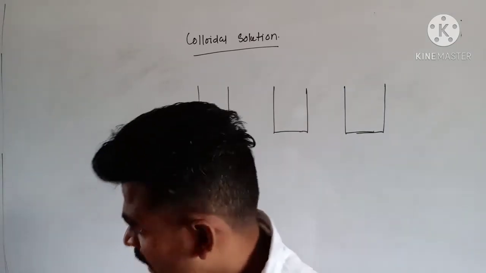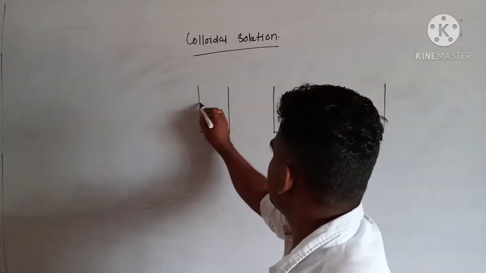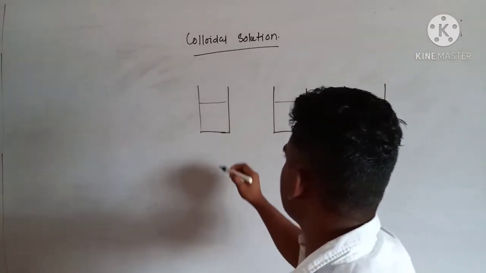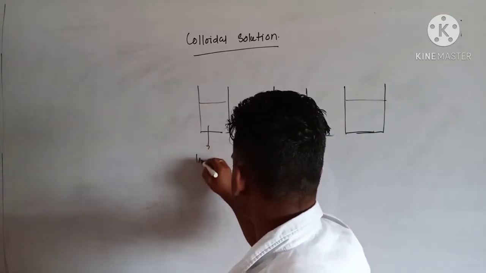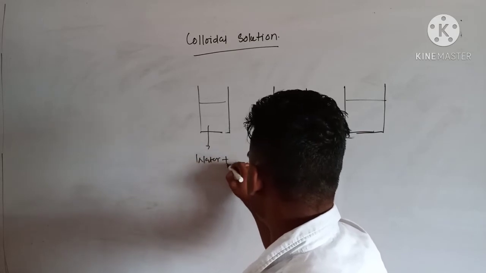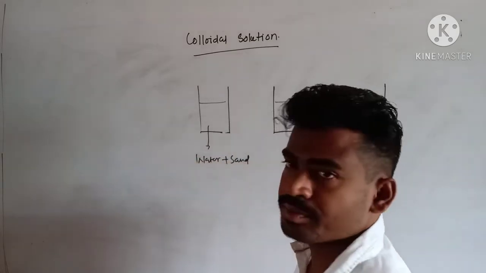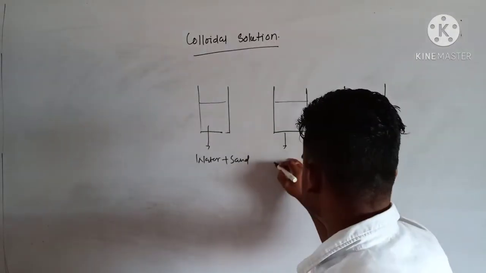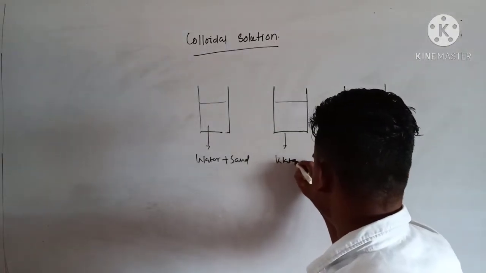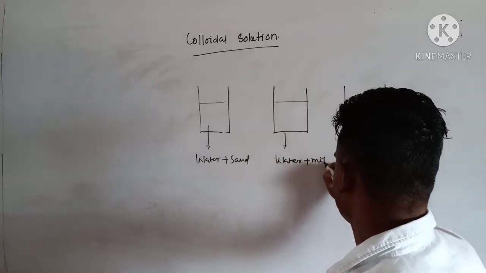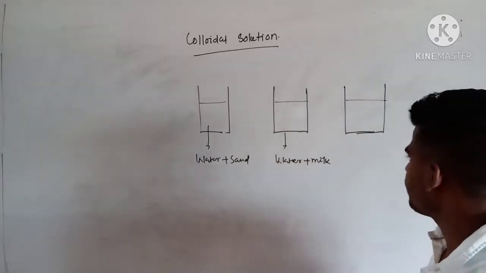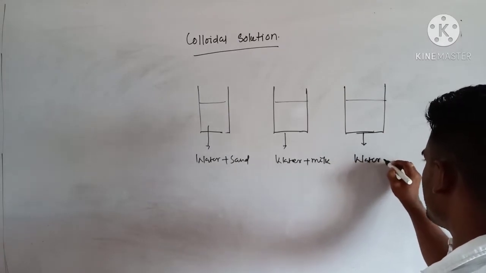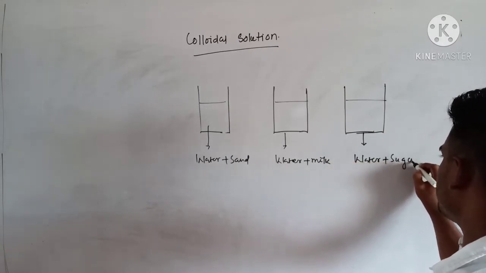In every container you just take water. In the first, water plus sand; in the second container, water plus milk; in the third container you can take water plus sugar.